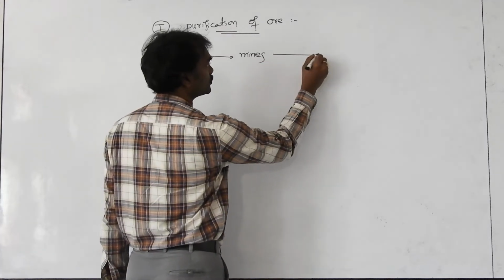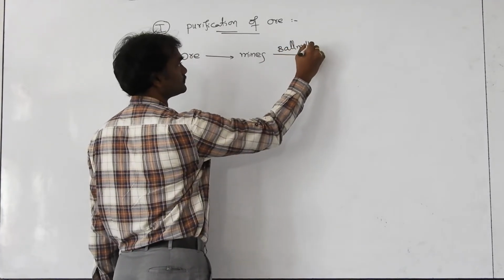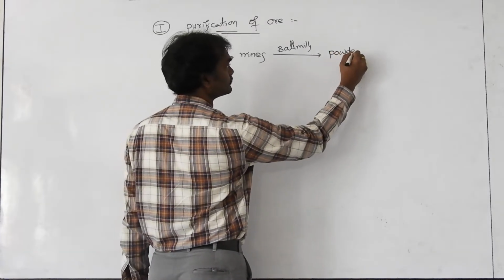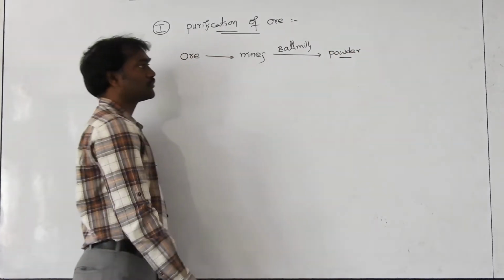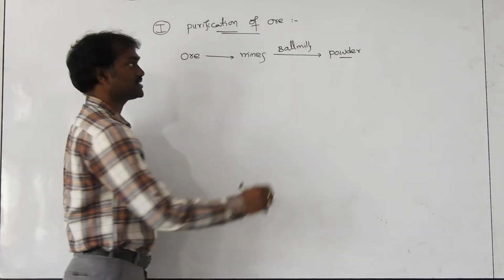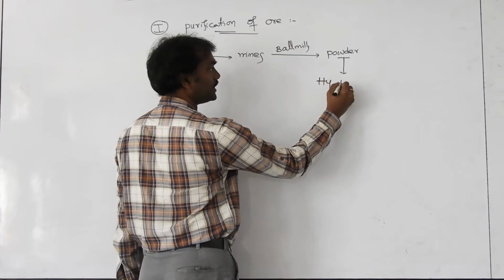Next, using ball mills, it is converted into powder. Now the process will start. This powder is taken. What is our shortcut? High-mass.